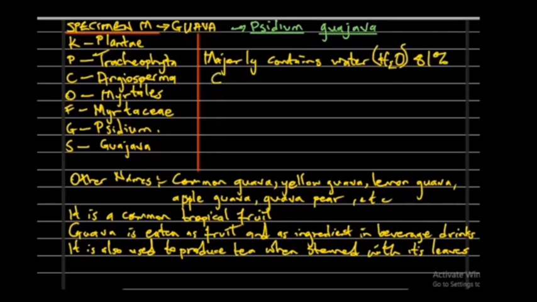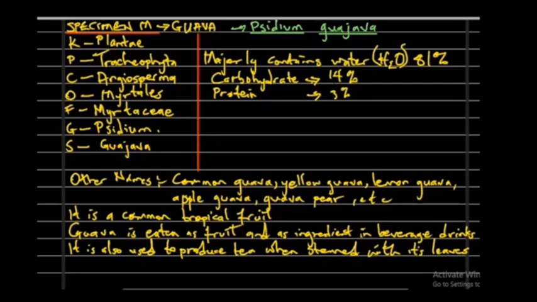And then we have carbohydrate in it, which has about 14%, and then proteins, which has about 3%. That is the nutrient composition found in this particular organism.